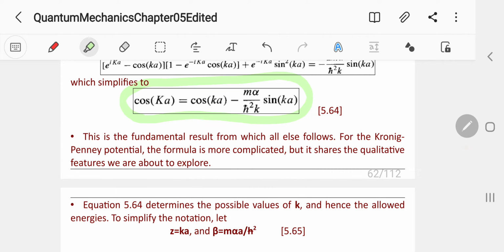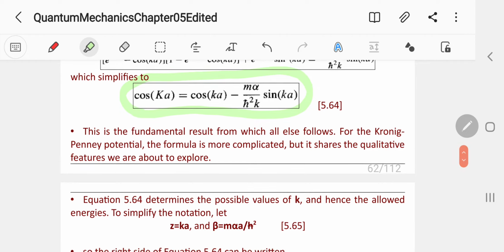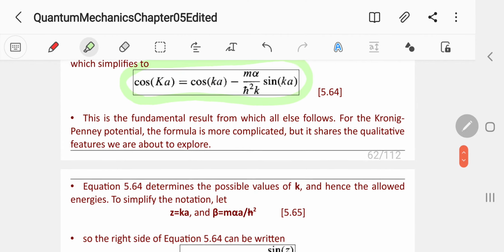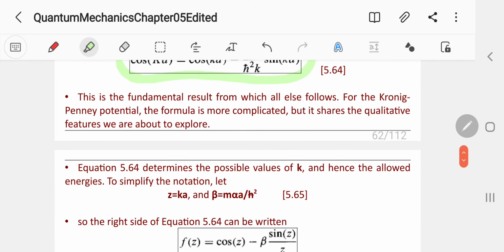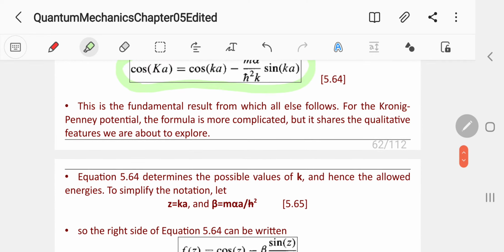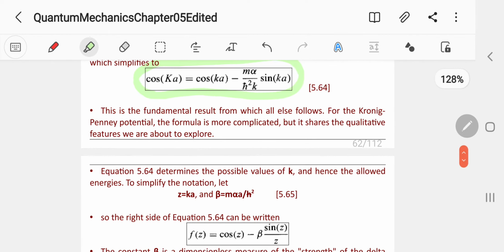This result is very important because we can simplify it to some other terms. Here we can set z as Ka, and then we can write this function, cosine big Ka to F(z).